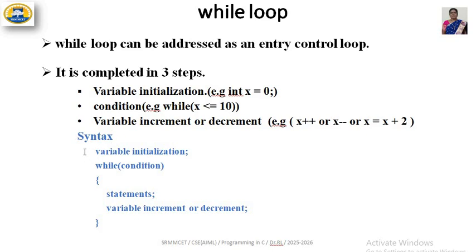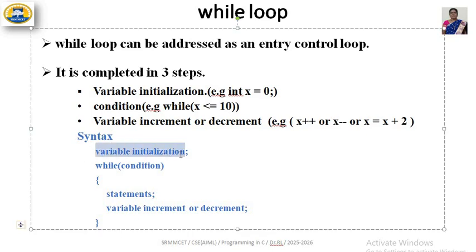So in the syntax for the while loop, there is the variable initialization, then the while condition. Within the curly braces, the statements and the variable increment or decrement are used. The sequence of statements to be executed, kept inside the curly braces, is known as the loop body.